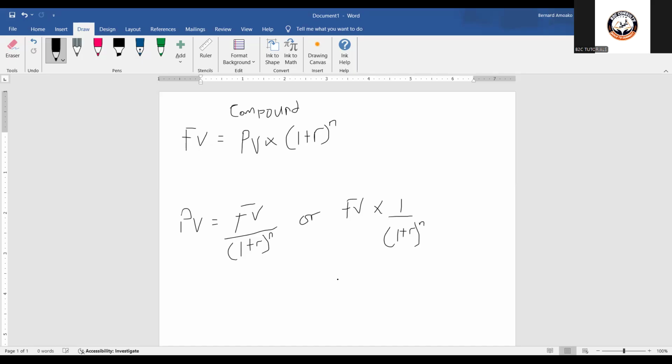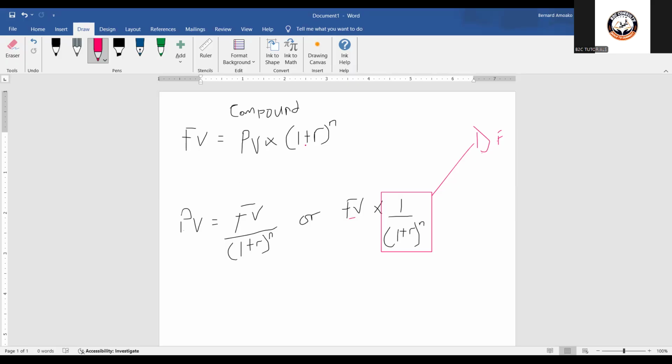This whole portion, highlighted in pink, is called the discount factor, DF. So anytime you multiply a discount factor by the future value, you get what we call the present value.